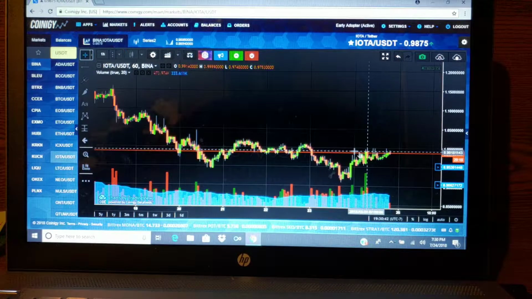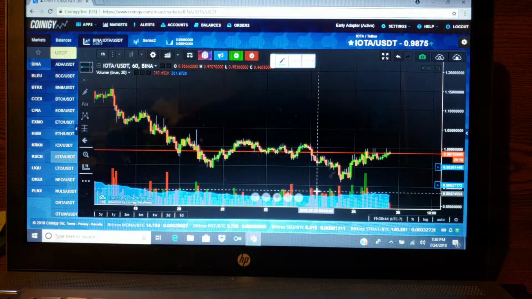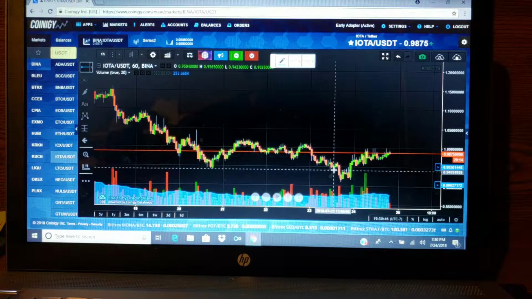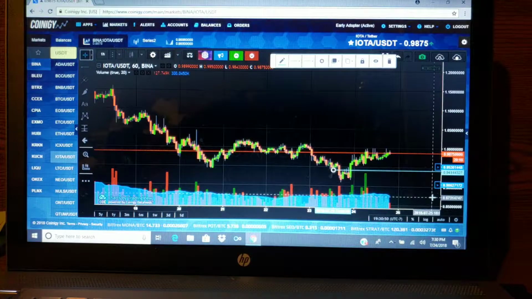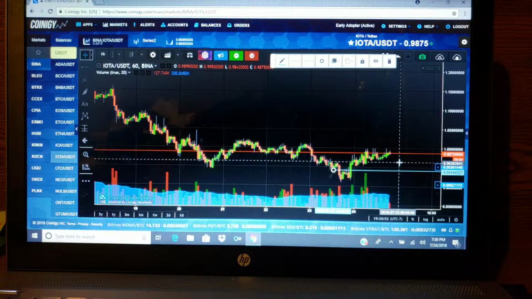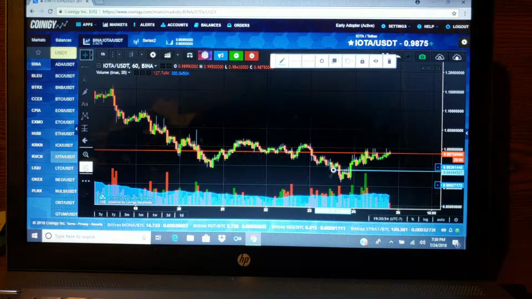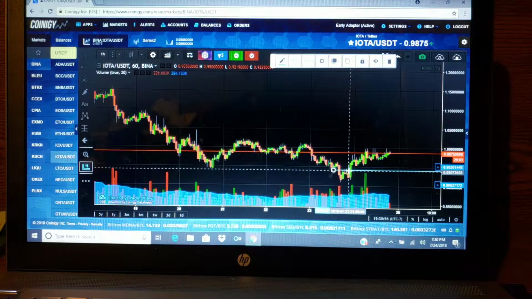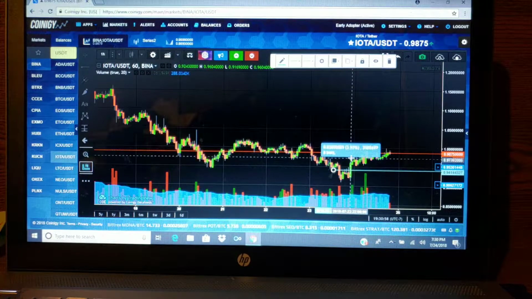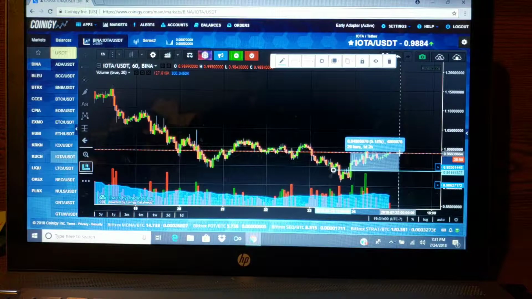Okay, so IOTA, we got in 94 cents. This one doesn't seem to be doing as hot, but that's okay. Profit's profit. About 5%.